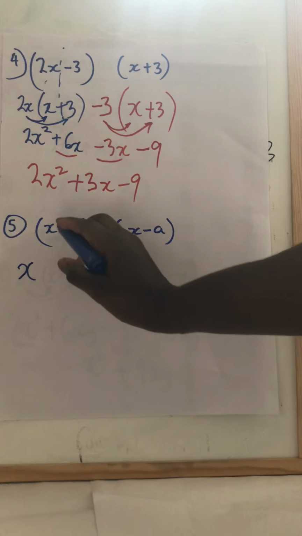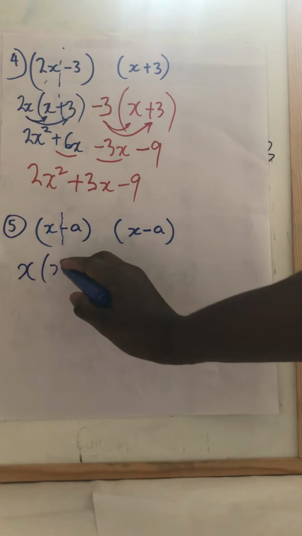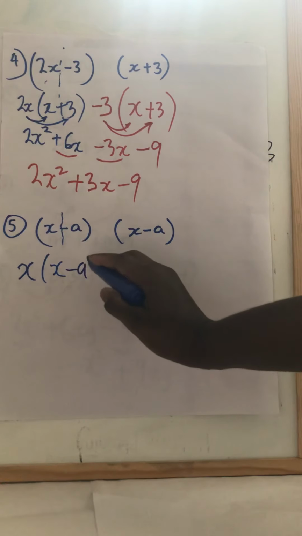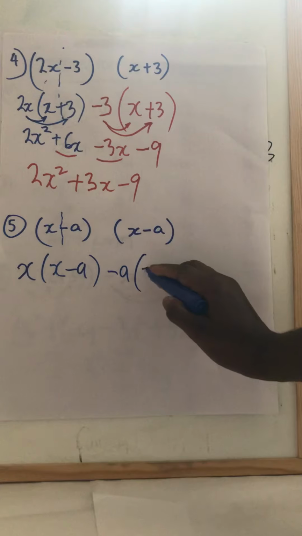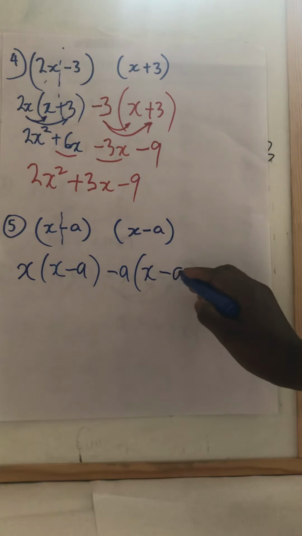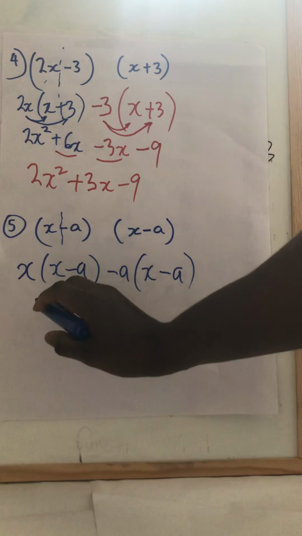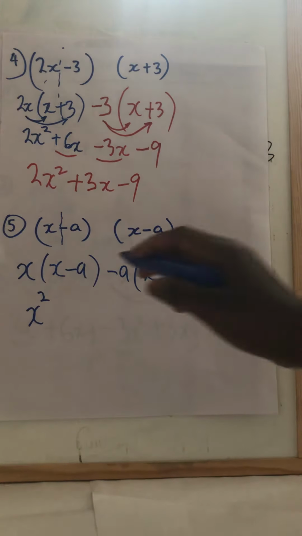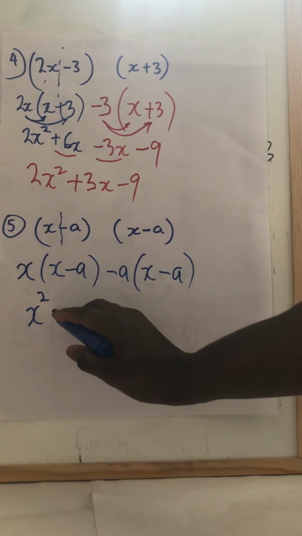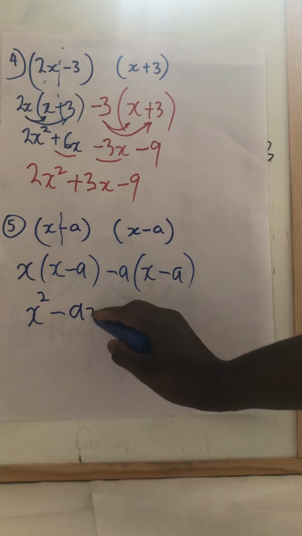x minus a, x minus a. We multiply them together. x times x, x squared. x times minus a, minus ax.